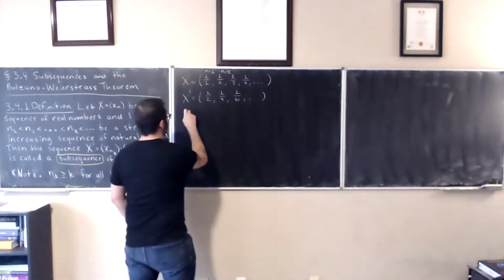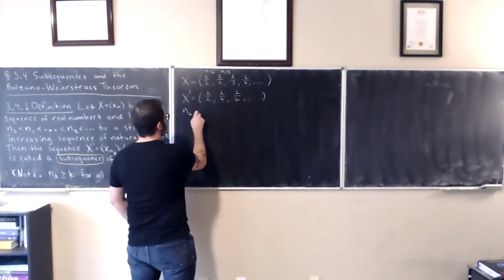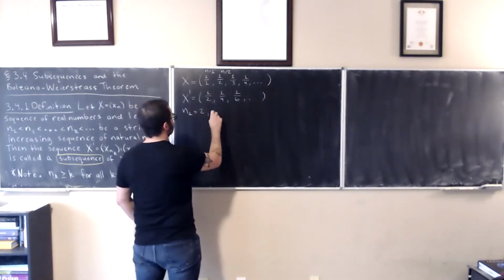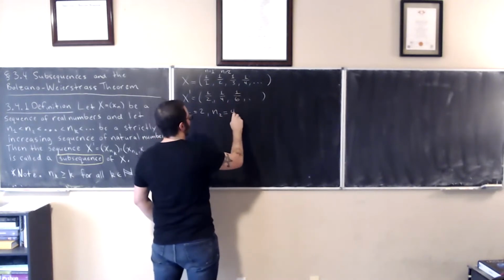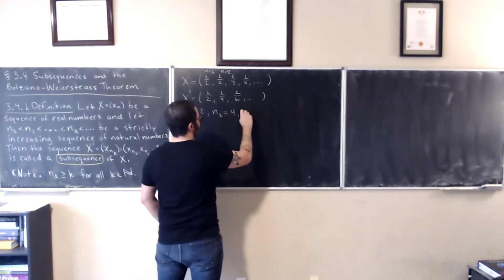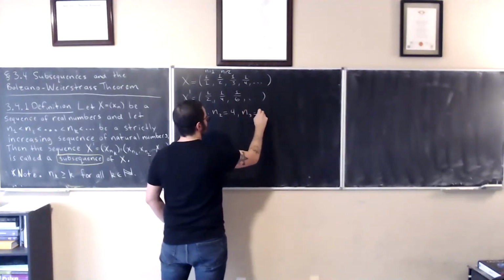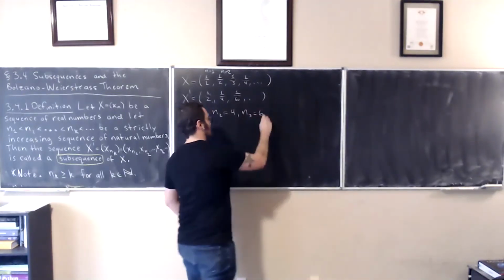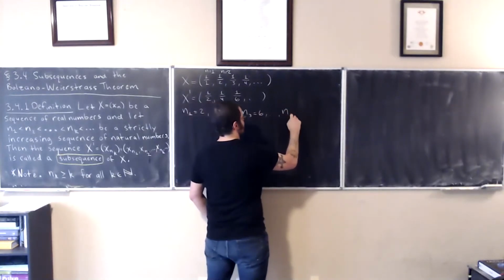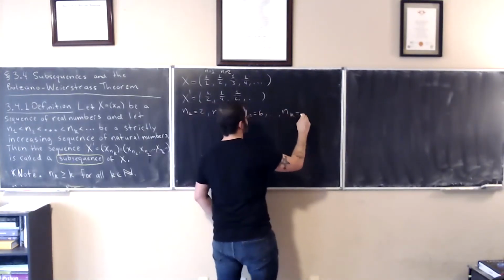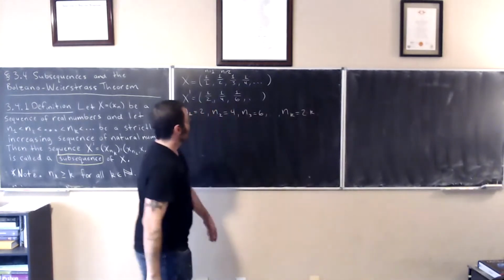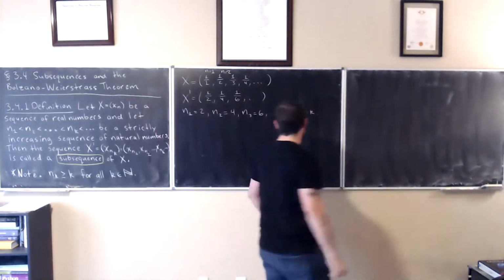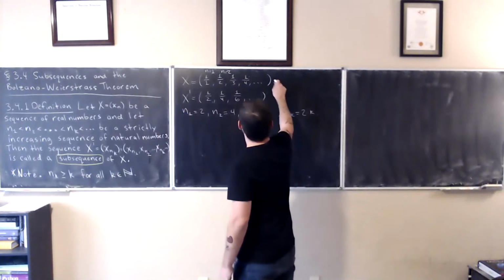Well, then we would say that n1 would be equal to 2, n2 would be equal to 4, and then n3 would be equal to 6, and nk is going to be equal to 2 times k. So, right, this is an increasing sequence of natural numbers.